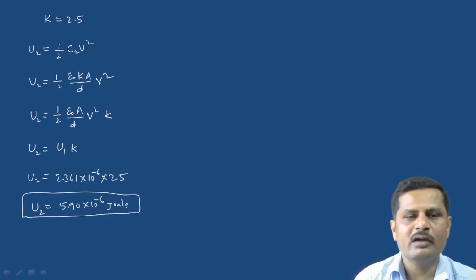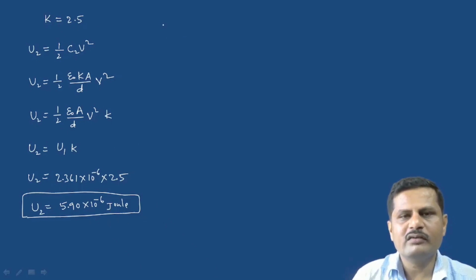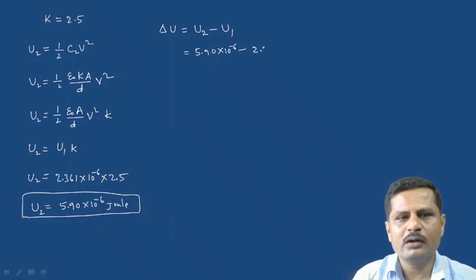plates of the capacitor. Now the change in the energy in the capacitor is given by the energy stored in the capacitor after inserting the dielectric medium minus the energy stored in the capacitor before inserting the medium. This is U2, which we know is 5.90 into 10 raised to minus 6, minus U1, which equals 2.361 into 10 raised to minus 6.